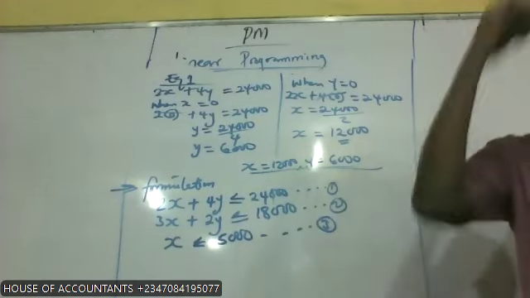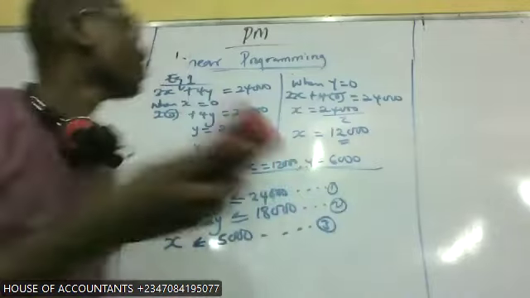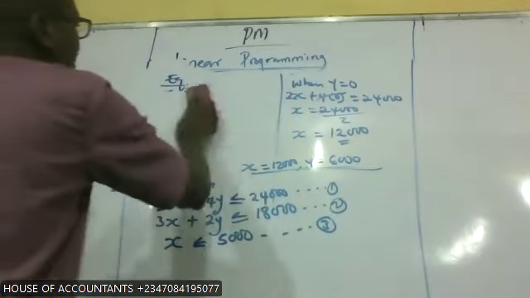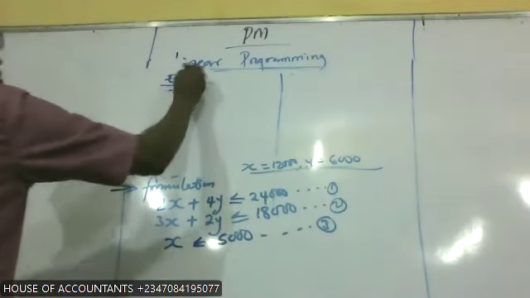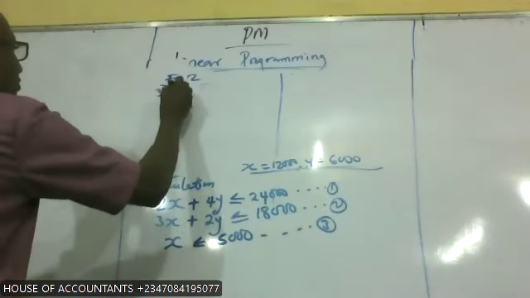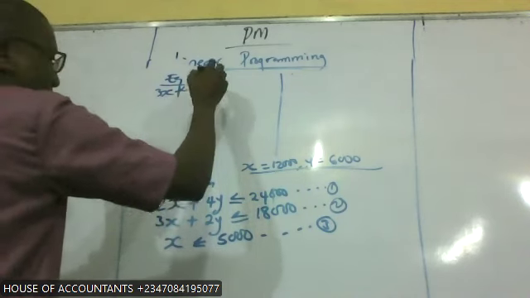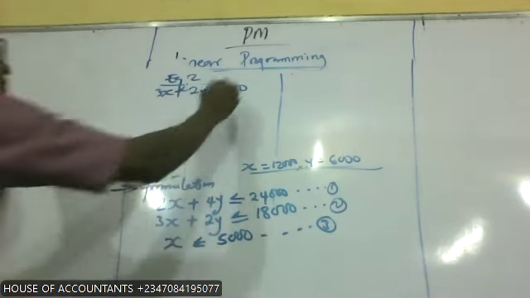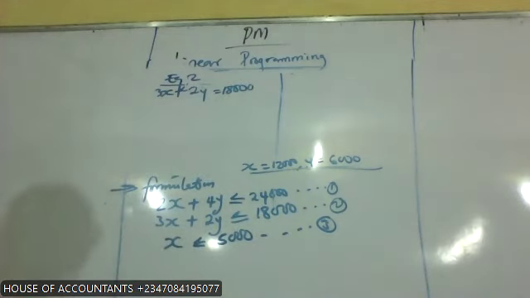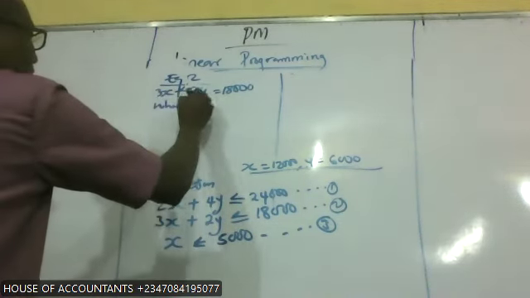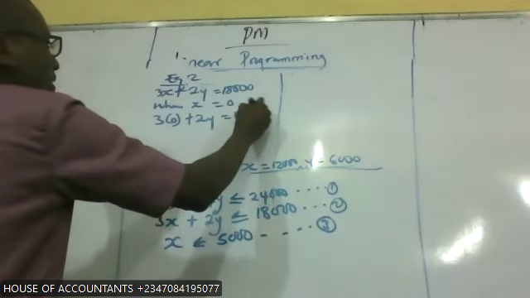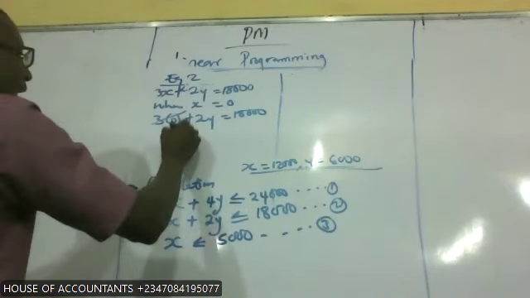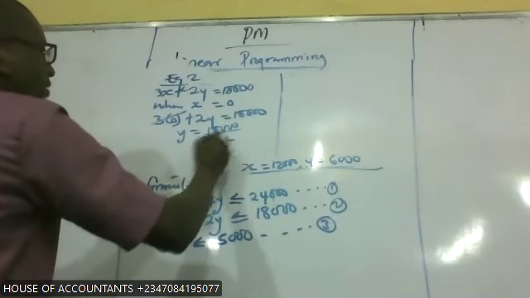Question 2. 3x plus 2y equals 18,000. So when x equals 0, 2y equals 18,000, so y equals 18,000 divided by 2.